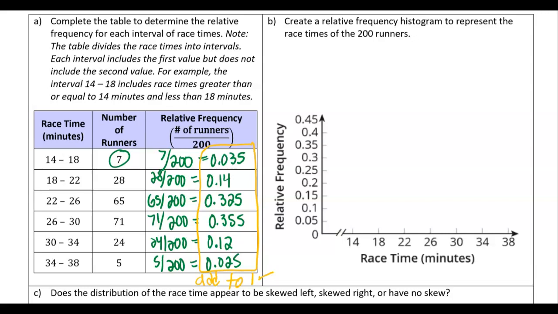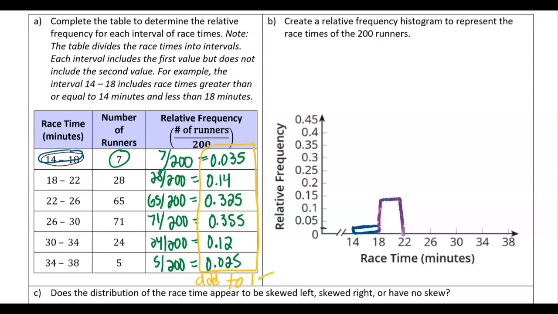And then when we go to graph this, we're taking the race times 14 to 18 minutes, and we're saying, okay, that relative frequency was 0.035, so that's a little bit more than halfway there. Then from 18 to 22, that was 0.14, so a little bit below 0.15.